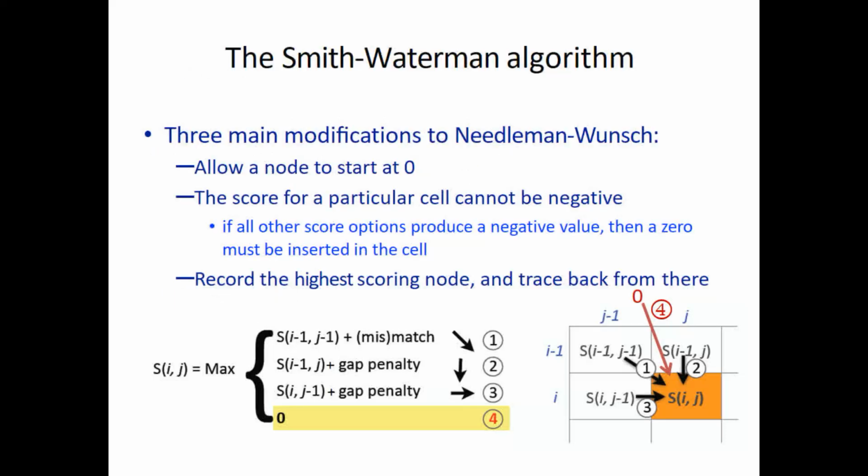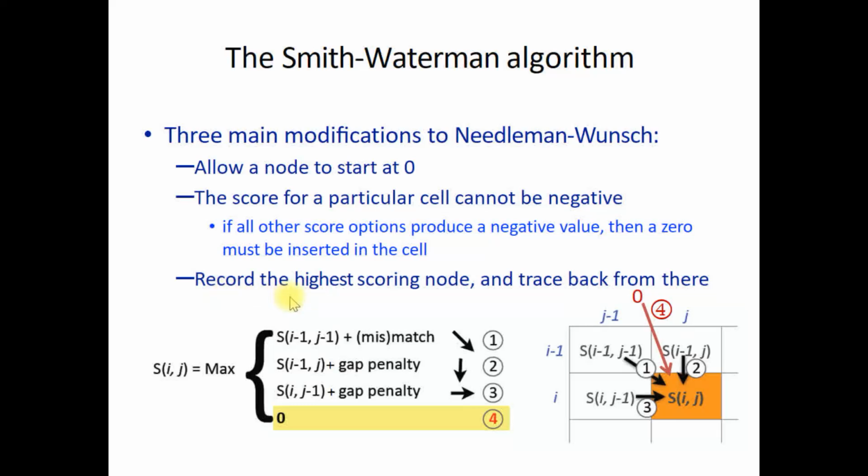And this 0 has three impacts. First, it allows a node to start at 0. This is very important. Second, the score for a particular cell cannot be negative. If all the other score options, 1, 2, 3, produce a negative value, then a 0 must be inserted in the cell.